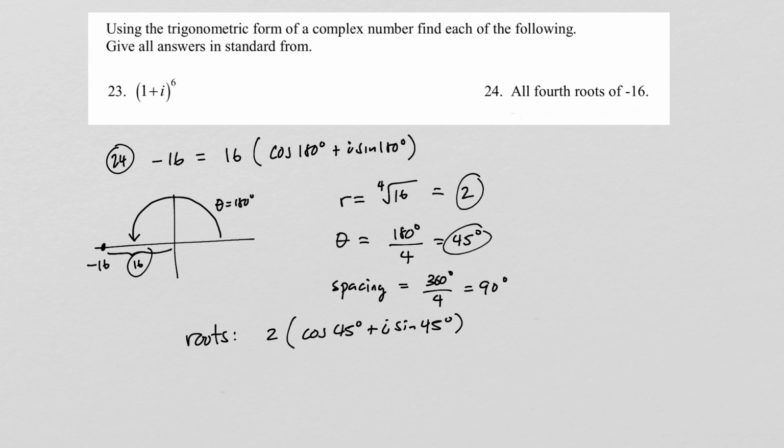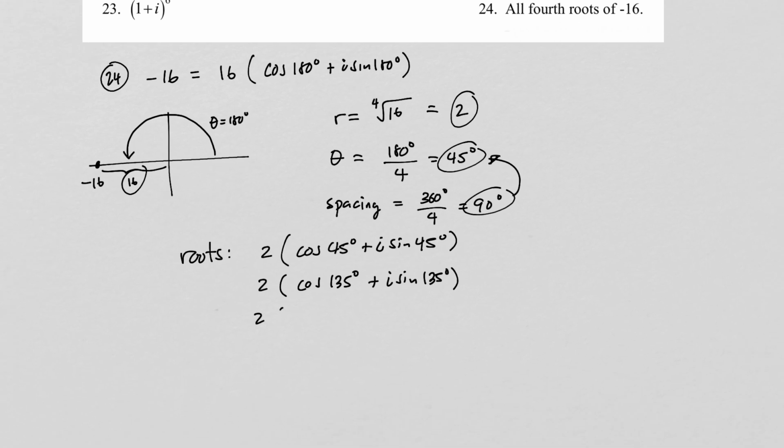Okay, so that's your first root. And then for each subsequent root, you are just going to add 90 to your original angle. So 45 plus 90 is 135. And then if we add 90 again, 135 plus 90 is 225. And if we add 90 again, we get 315.